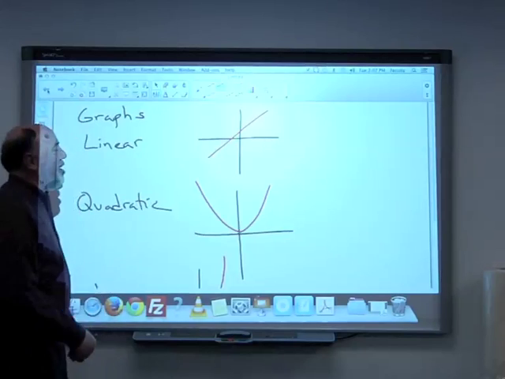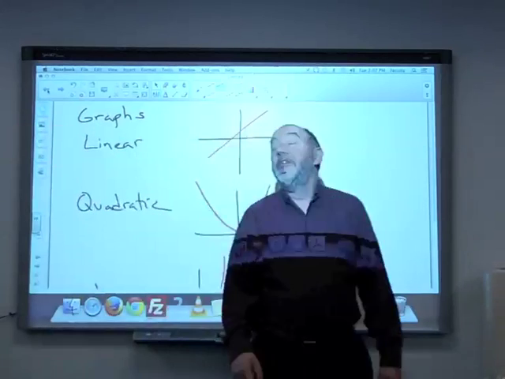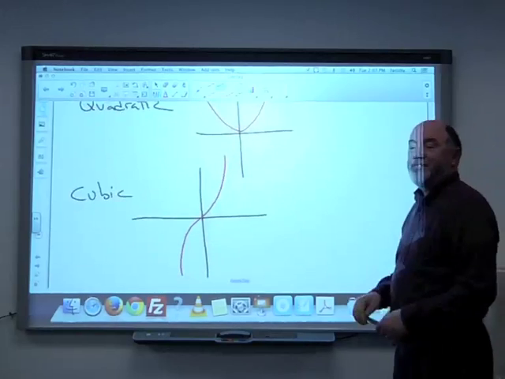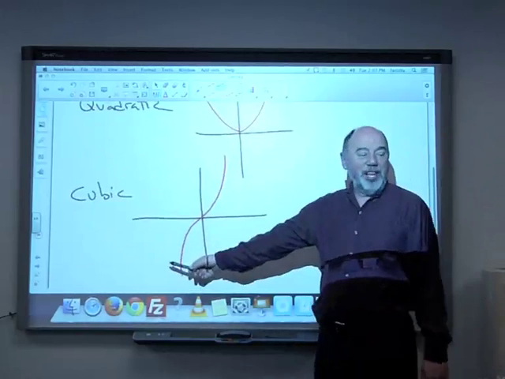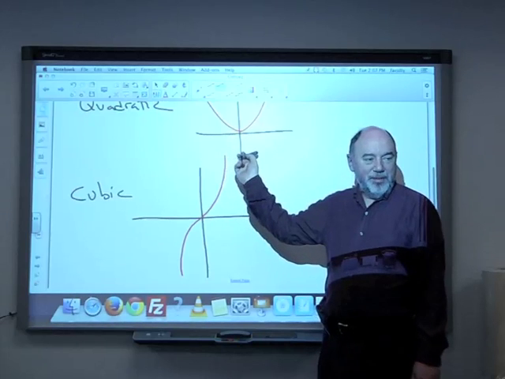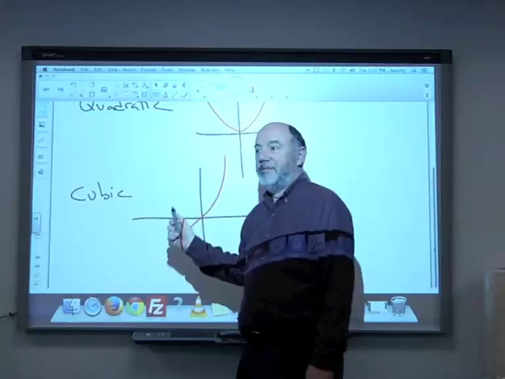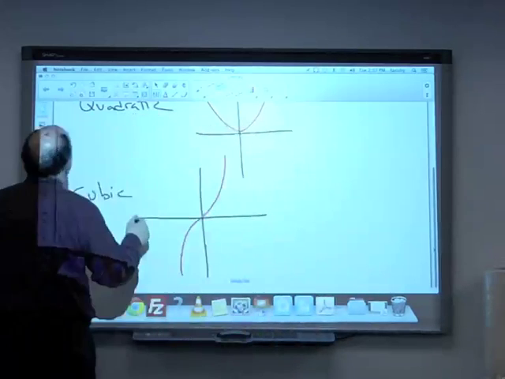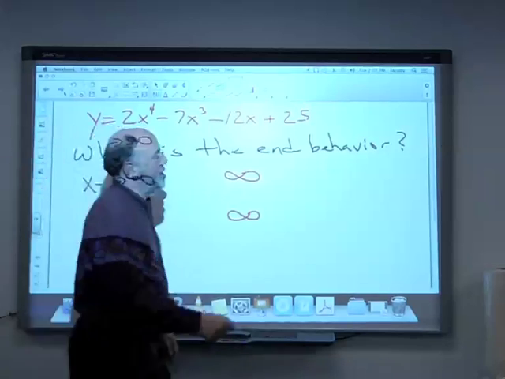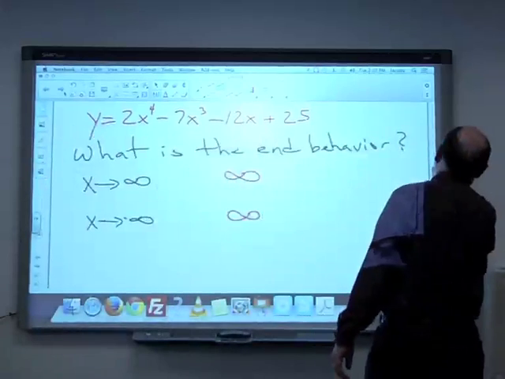If it's a cubic, however, then at the ends, one will be going to negative, the other one going to positive. So, for example, we had something like this.